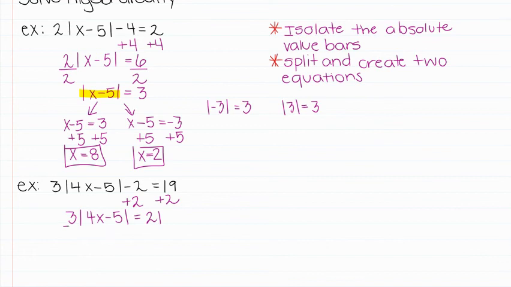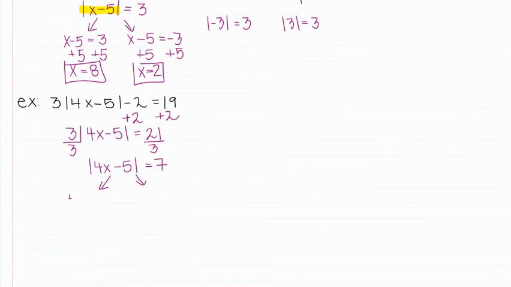And then from there, I'm going to divide by 3 on both sides. So I would get the absolute value of 4x minus 5 equals 7. So now that I've isolated the absolute value bars, in order to get rid of them, this is where I split and create two equations.